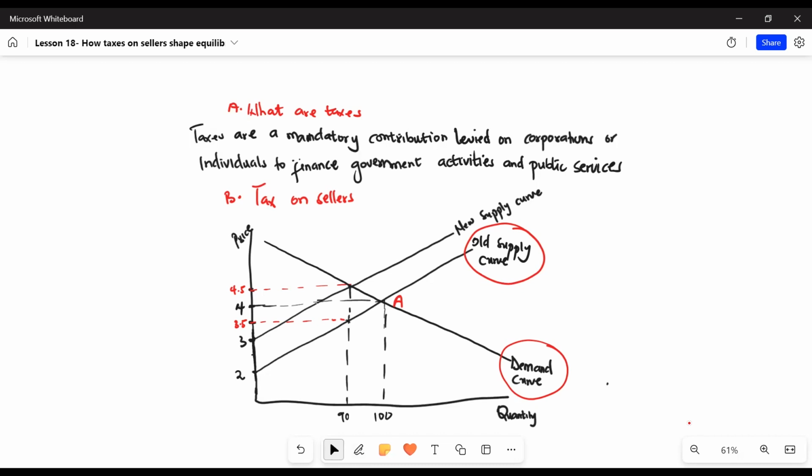So the equilibrium price here will be 4. So our equilibrium price is £4. And the corresponding quantity, which is the equilibrium quantity, will be 100 apples.